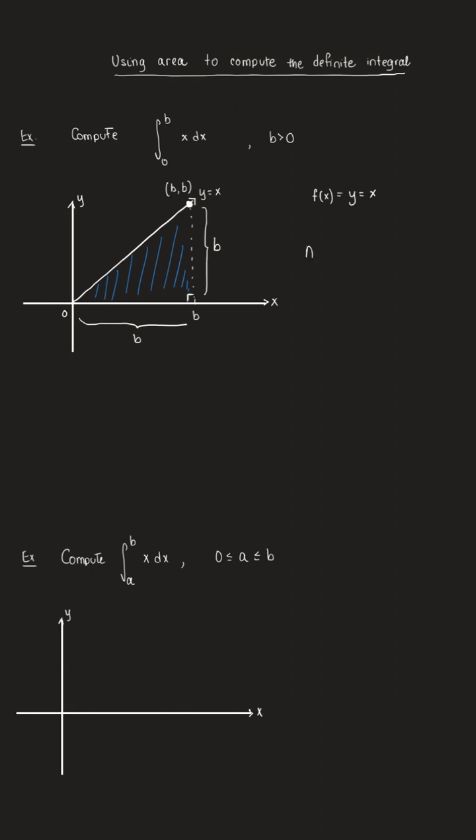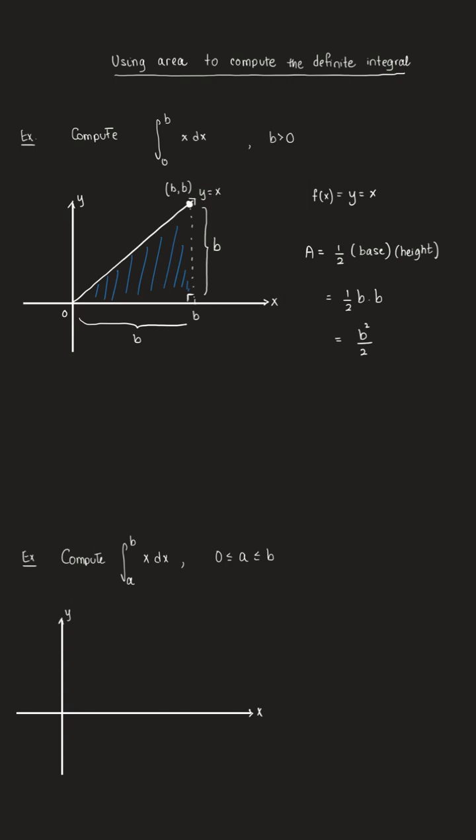And so we know that the area is going to be 1/2 times the base of the triangle times the height of the triangle. Well, we just saw that the base is b and the height is also b, so this just gives us b squared over 2, or 1/2 b squared.